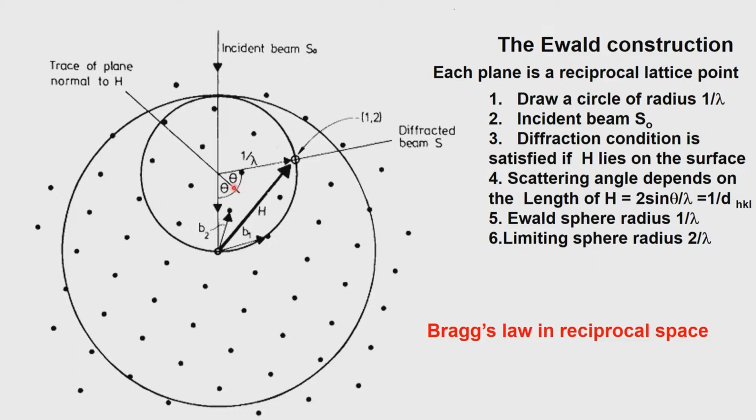If you take the bisector of that, we already know that should be the direction of what we call the scattering vector. This is written as the trace of the plane normal to h. So, this will be the direction of the scattering vector. We therefore have a theta here and a theta there, and this is the center of the circle, and we have the incident beam and the diffracted beam.